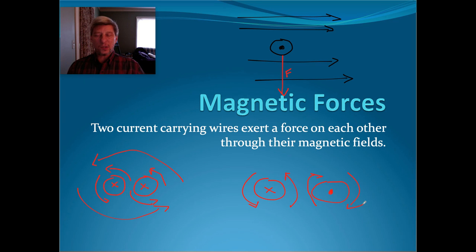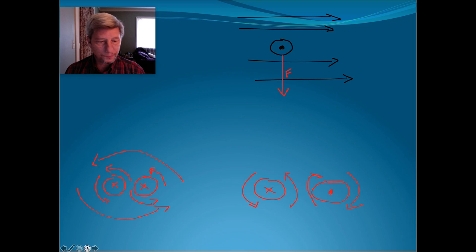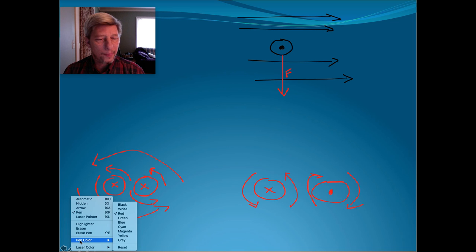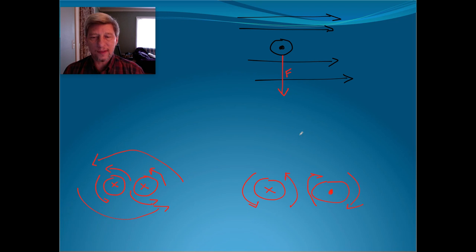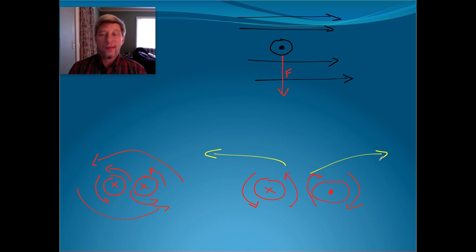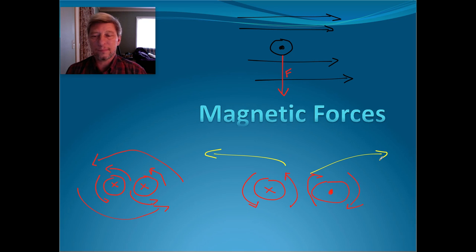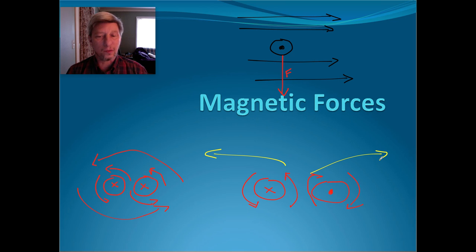But in this case, what's going to happen is that the two wires, the magnetic force lines, the field lines, will push out and away from each other. So what eventually will happen in this case is that this wire will go off this way, and this wire will go off this way. They won't actually be attracted. They'll be repelled from one another.